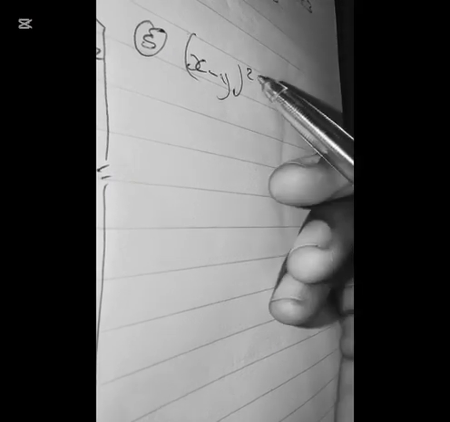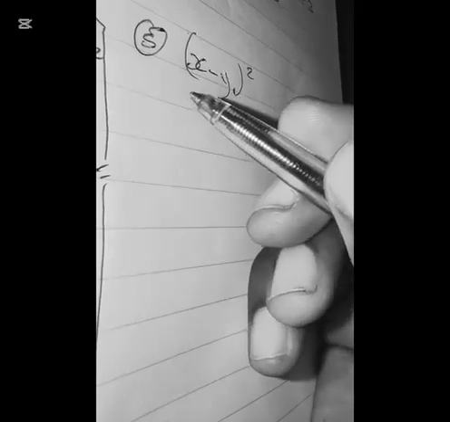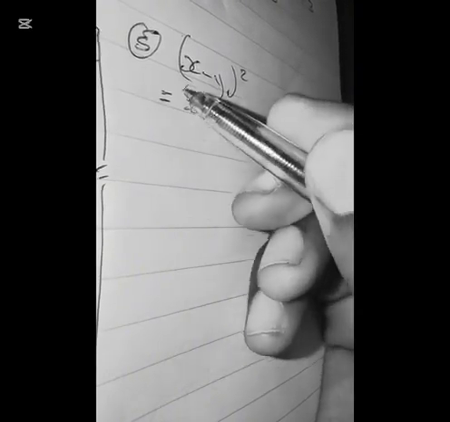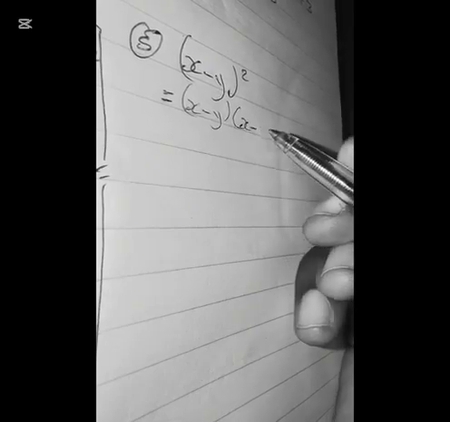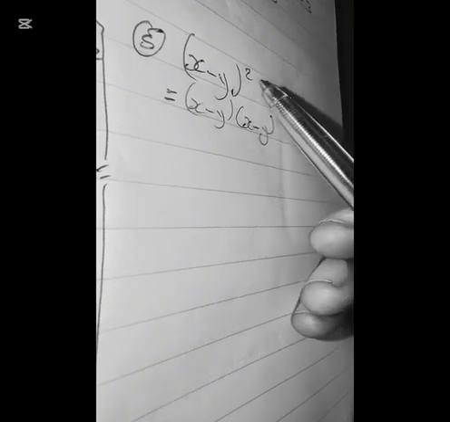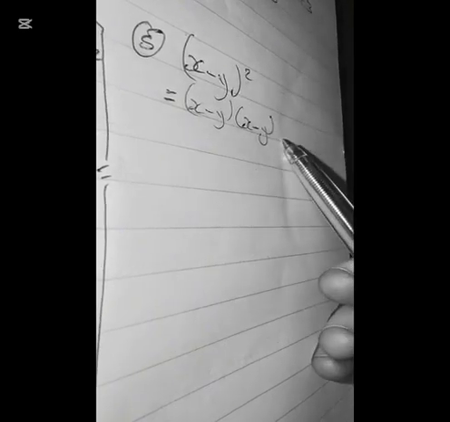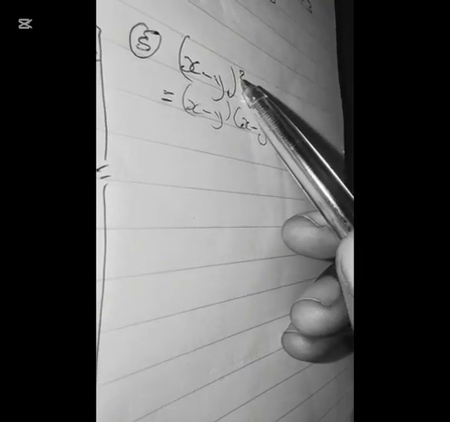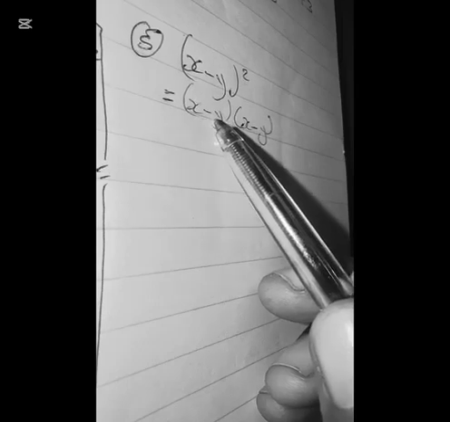So more example number 5. These two simply mean x minus y, twice, like this. If you write another bracket of x minus y, then you form that x minus y inside the bracket twice.